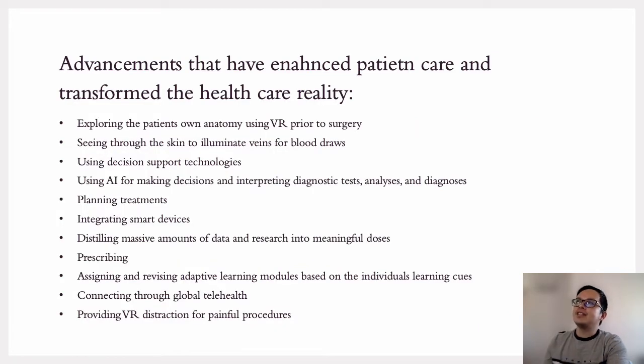Advancements that have enhanced patient care and transformed the healthcare reality: exploring the patient's own anatomy using VR prior to surgery. Before, it wasn't reality, now it is a reality. Seeing through the skin to illuminate veins for blood draws.